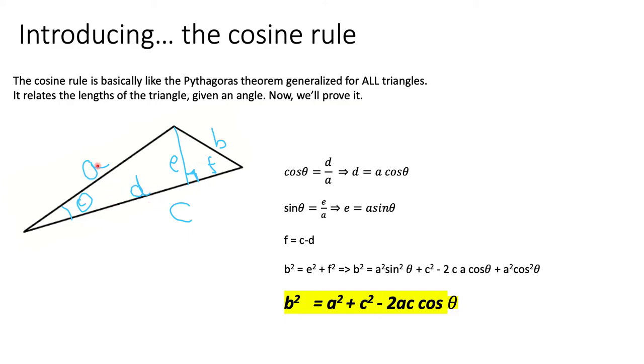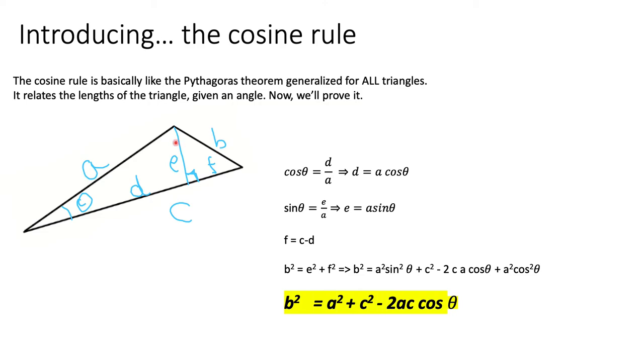This is D divided by A. So we get this, and then we can rewrite D as A cos theta. Sine theta is the opposite divided by the hypotenuse, so E divided by A. And then we get E is A sine theta. And now looking at this length, we get that F is C minus D, because D plus F is equal to C.